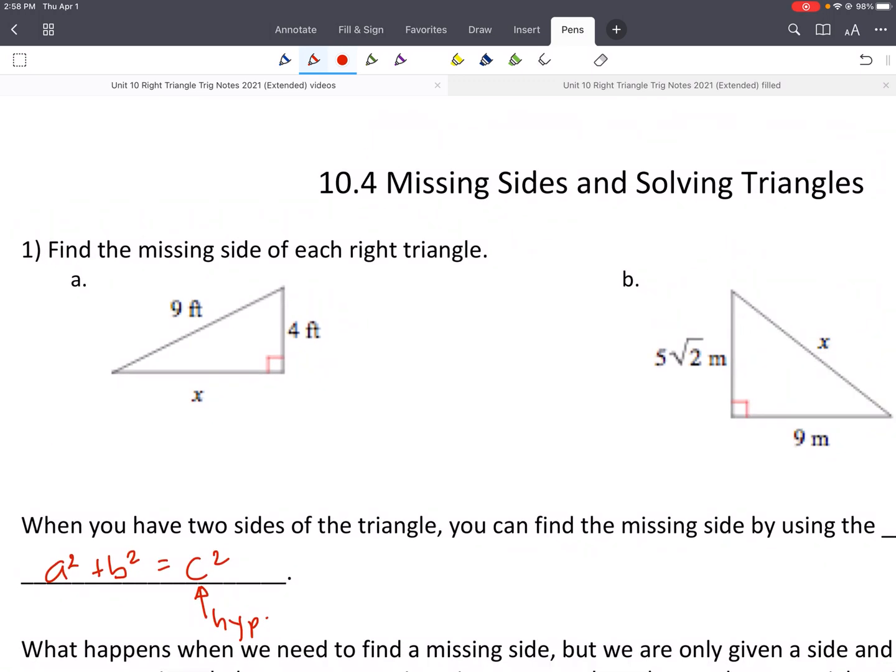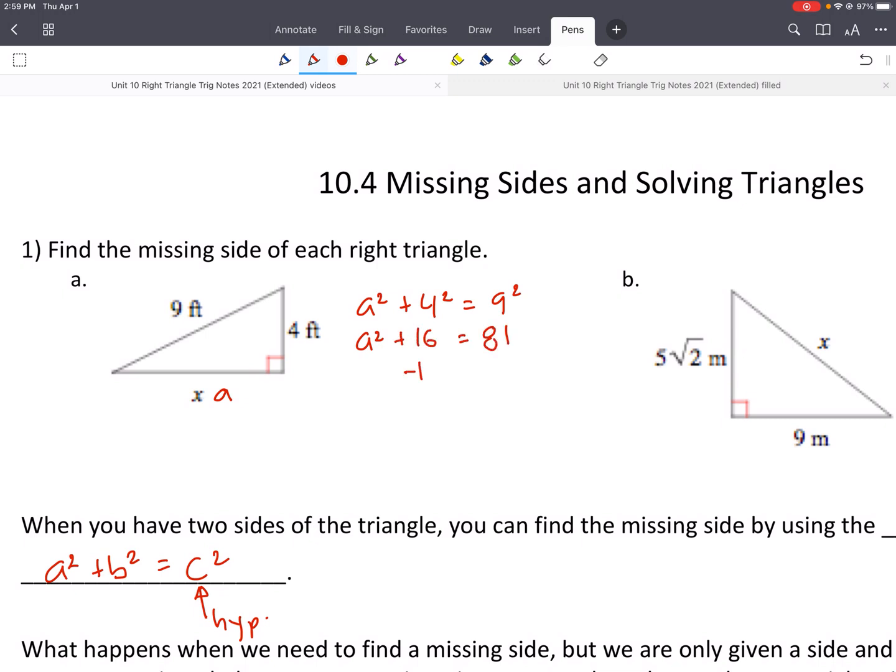All right, so we can do a couple of these if you'd like. Pause and give this a try. I'm going to go through this a little quick and spend more time on the newer stuff. So here we could say this is our a. So we could do a squared plus 4 squared is equal to 9 squared. 4 squared is 16, and 9 squared is 81.